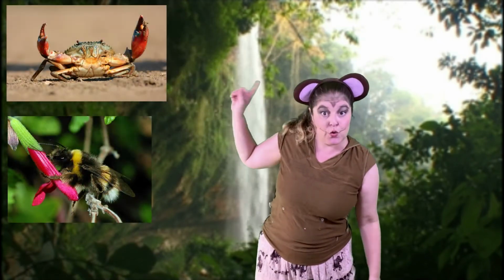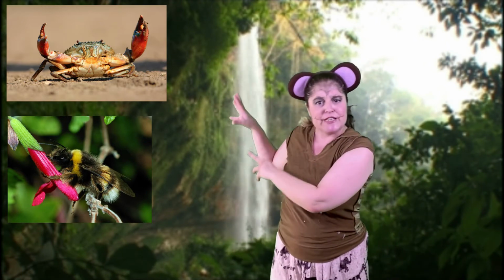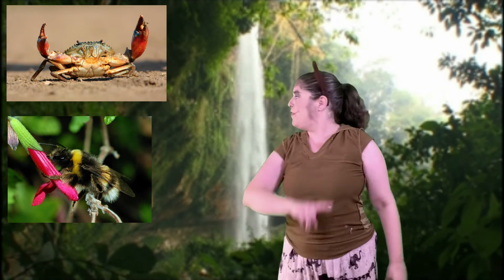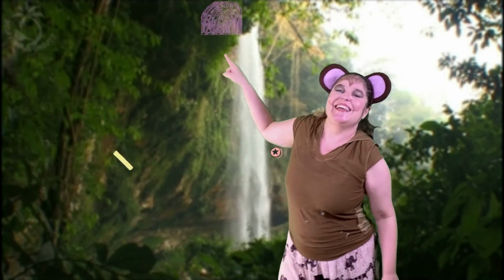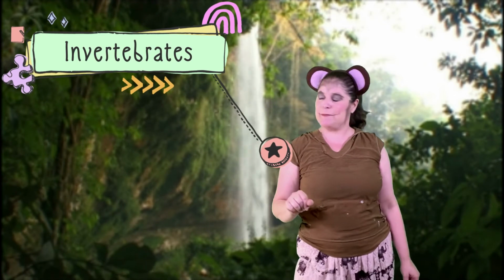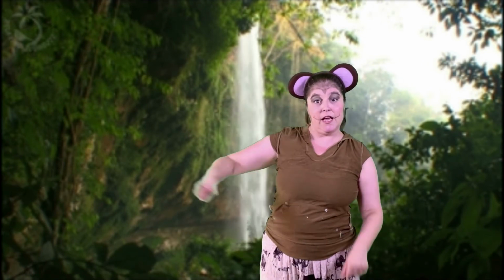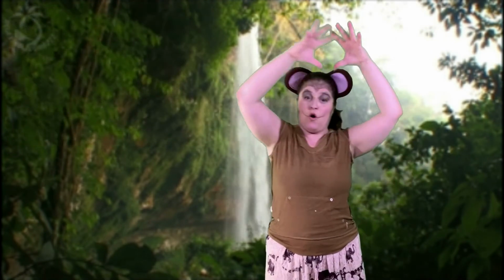Animals like crabs and bumblebees don't have skeletons inside their bodies. They don't have backbones. They are called invertebrates. Now, vertebrates, like you and me and the hippopotamus, only make up about 10% of all of the animals in the world.